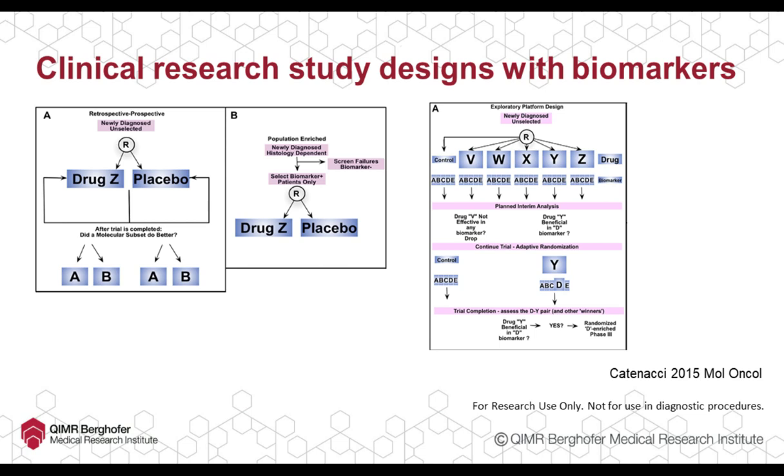In the middle panel, it's a slightly different design in research, where the biomarker is first used to select certain subjects, who then undergo the drug trial.